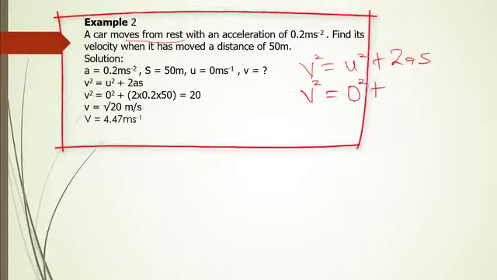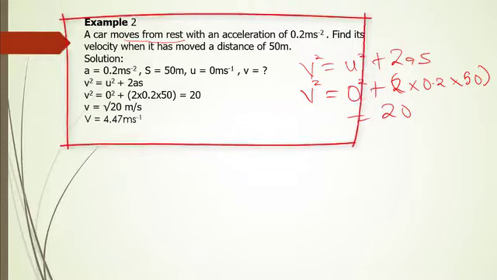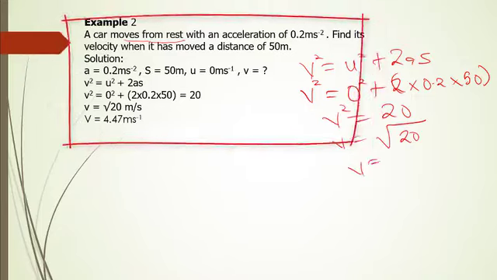So 0 squared plus 2 times a, the acceleration, which is 0.2 meters per second squared, times our distance of 50 meters, is going to give us 20, because 0 squared is equal to 0 and v squared is equal to 20. But we're not looking for v squared, we're looking for v. To make v the subject, all we have to do is find the square root of 20, and the square root of 20 gives us 4.47 meters per second.